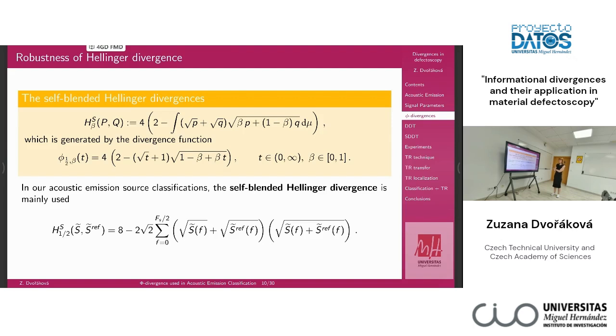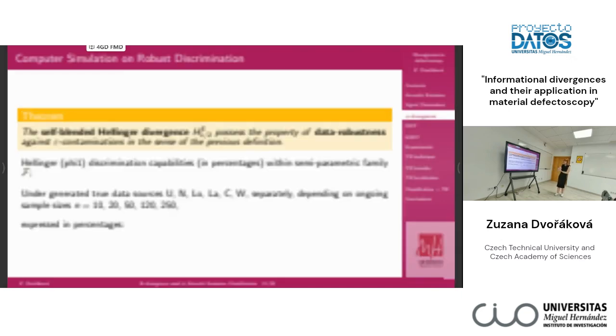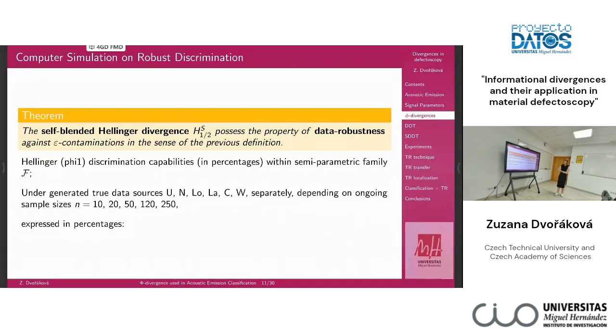And again, we use the discrete form of the phi divergence for signals, and we again compare the normalized spectrum. And we proved that our blended Hellinger divergence is data robust against epsilon contamination in the sense of the previous definition.